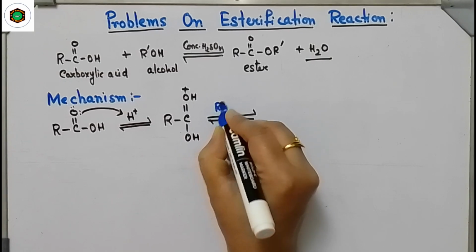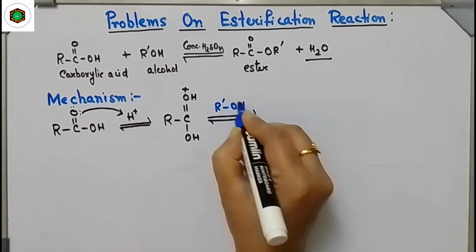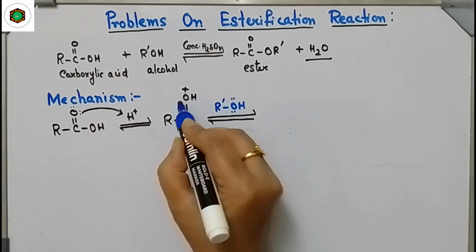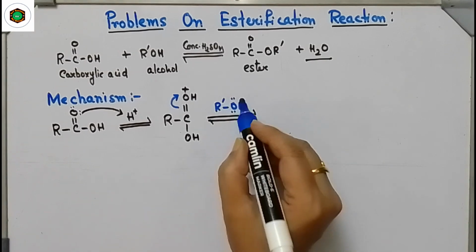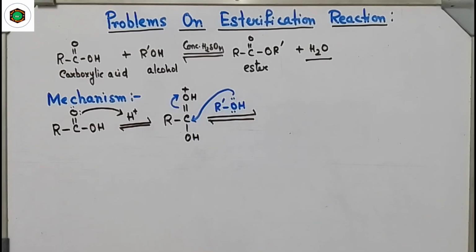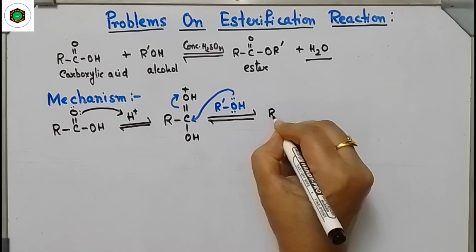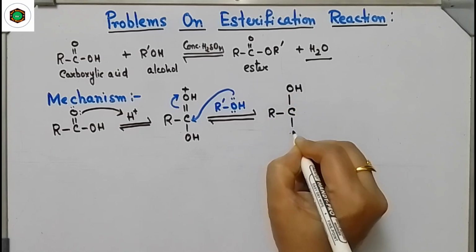Alcohol is there. So this bond will break to neutralize this positive charge and lone pair of oxygen will be donated to this electron deficient carbonyl carbon. Here we will get R, C, OH, OH.